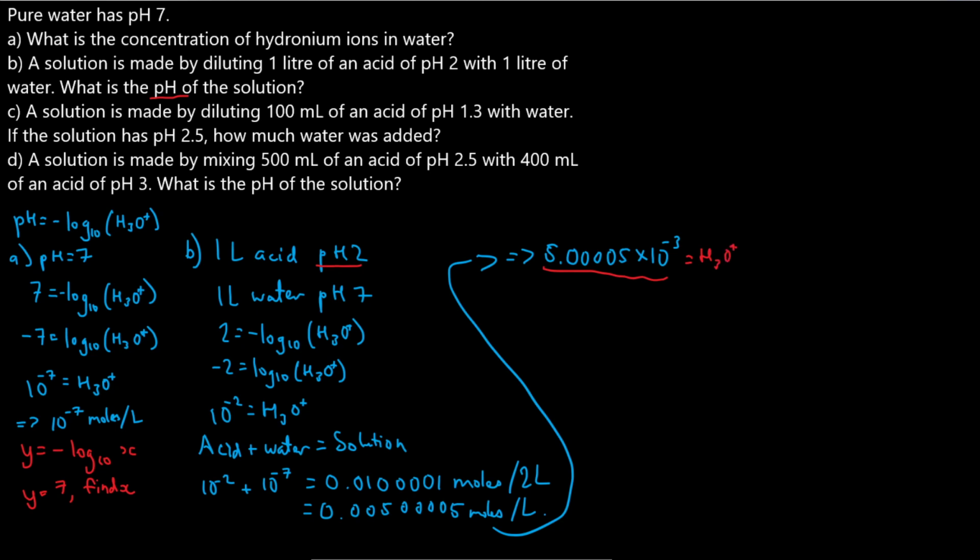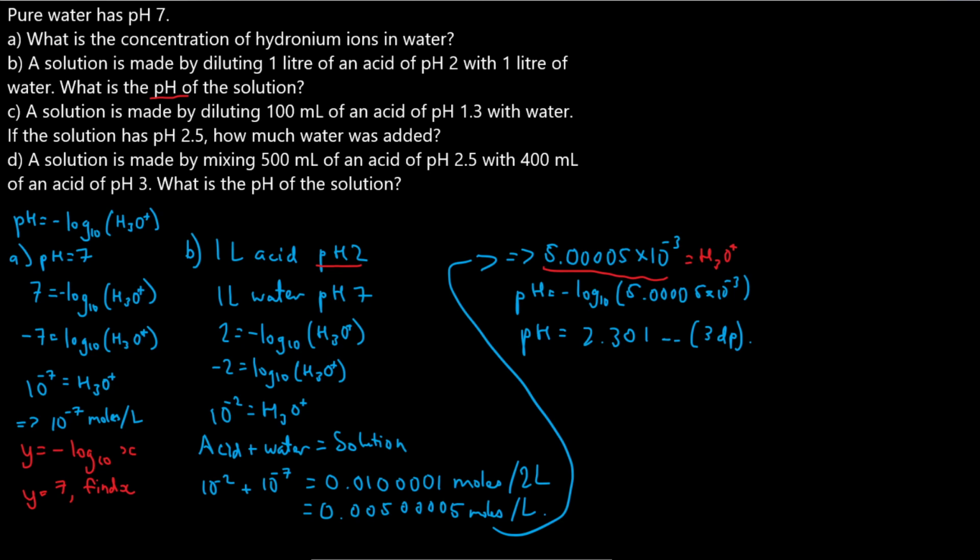So we'll just sub it into our pH formula. pH equals negative log base 10 of 5.00005 times 10 to the negative 3. And just putting that into the calculator, we will get 2.301, etc. And that's got an accuracy of 3 decimal places. And that's question B done.